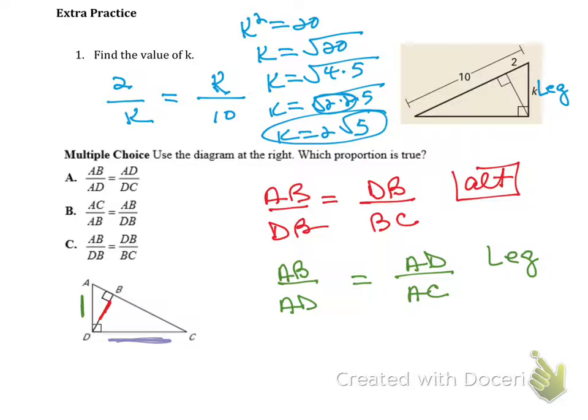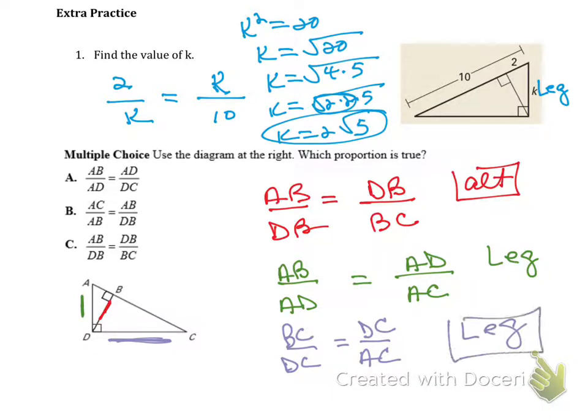That's a leg. It goes in the geometric mean position, DC, DC, and then I know that's the geometric mean between the piece of the hypotenuse closest to the leg, which is BC, and the entire hypotenuse. So that's the second leg one. So these are the three geometric means that we can get going.